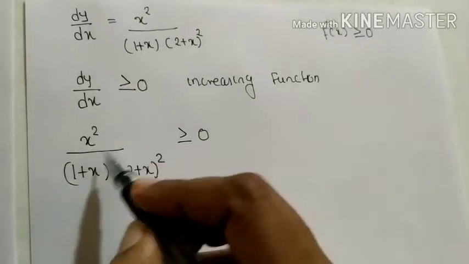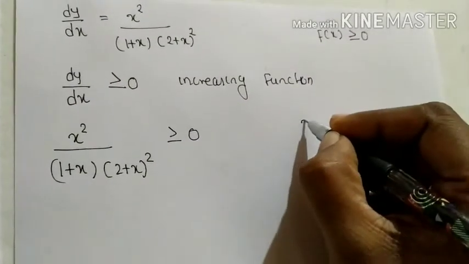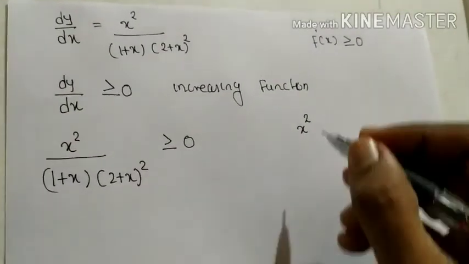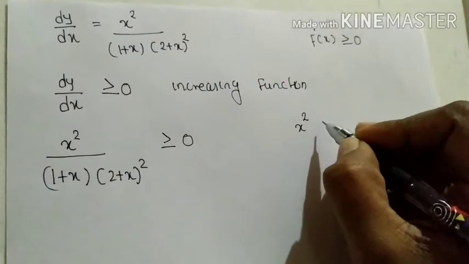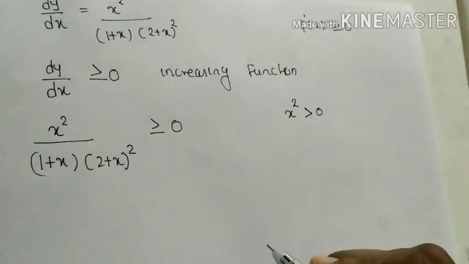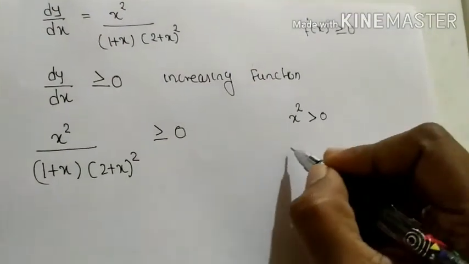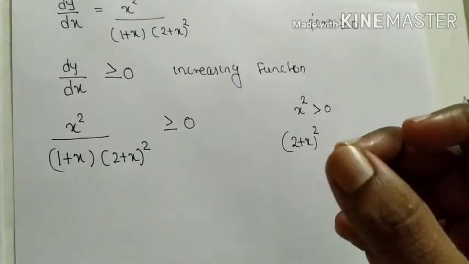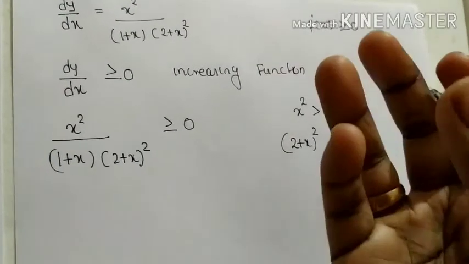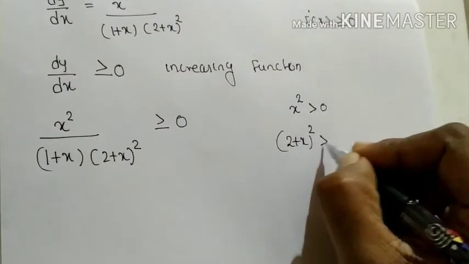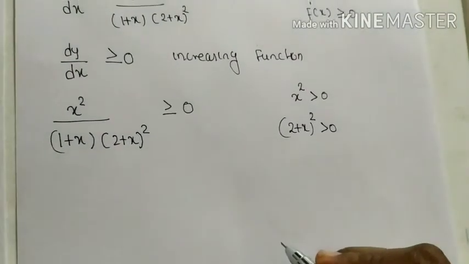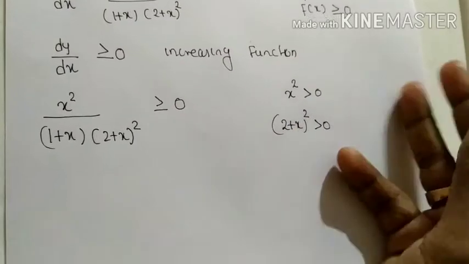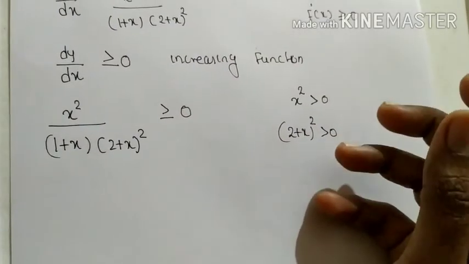We know that the numerator part, the square of a number, is always greater than or equal to 0. Similarly, 2 plus x the whole square. A squared number is always greater than or equal to 0. So we get x square is always non-negative and (2 plus x) all square is always non-negative.